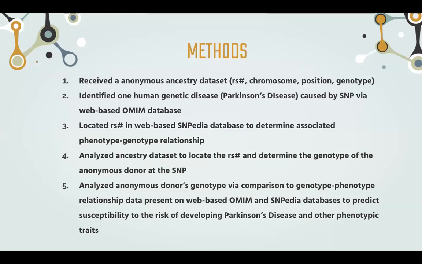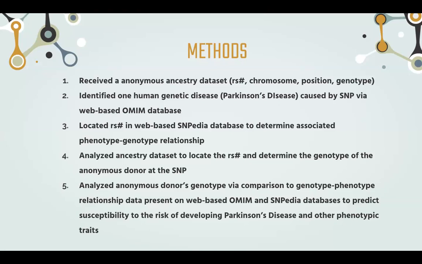There they located the RS number in the web-based SNPedia database to determine the associated genotype-phenotype relationship. They then analyzed the Ancestry dataset to locate the RS number and determine the genotype of the anonymous donor at the SNP.